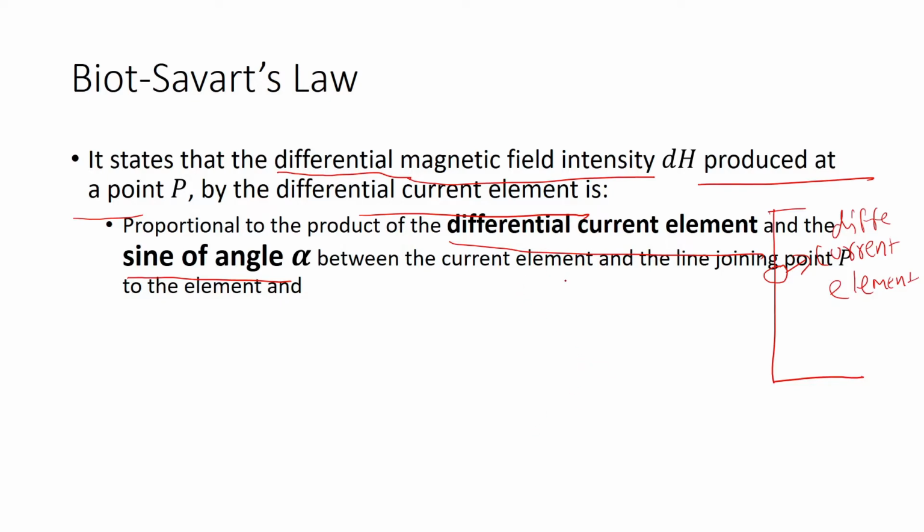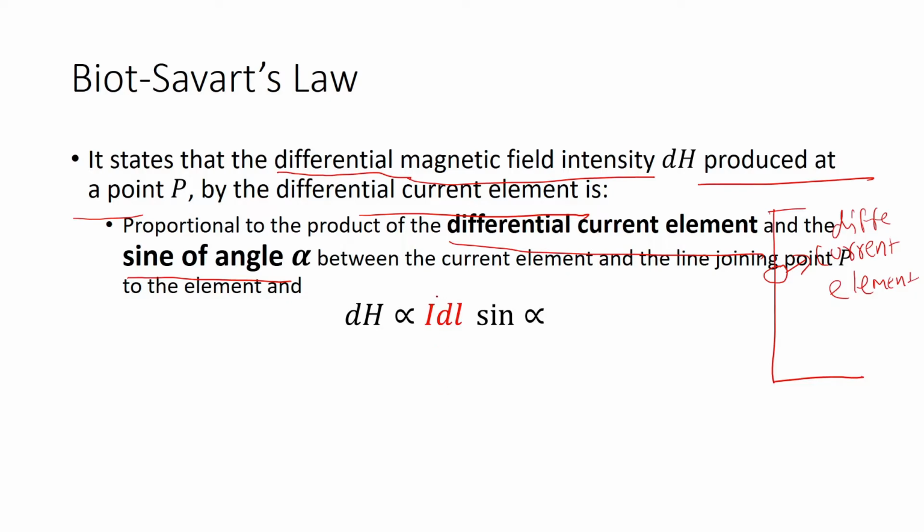We would see this graphically much later, but mathematically I can write that dH is proportional to Idl, dH is proportional to sine alpha. So together I can combine them and write dH is proportional to Idl sine alpha, right?